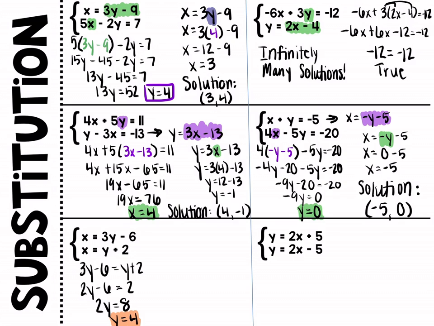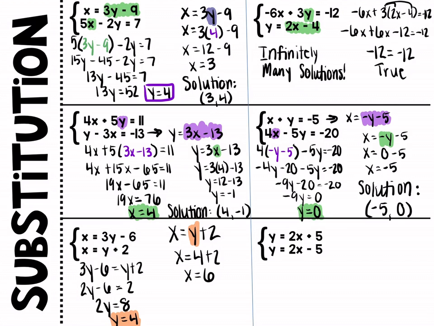Now, this is where you get to pick either equation, okay? It doesn't matter which one you pick. It can be either. I'm going to pick x equals y plus 2. And instead of y, you're going to replace it with 4, okay? So I have x equals 4 plus 2, so x equals 6, okay?